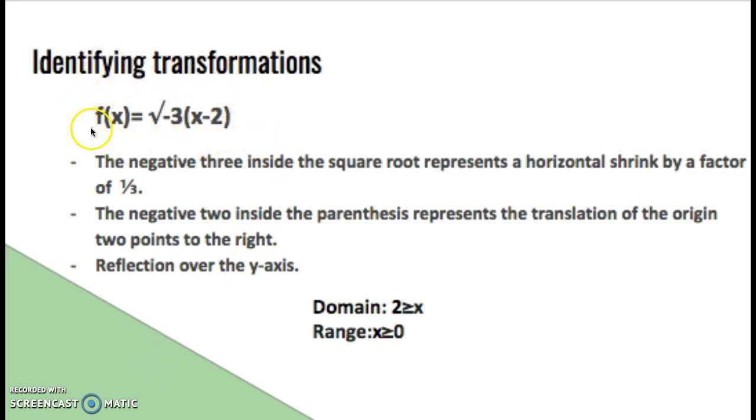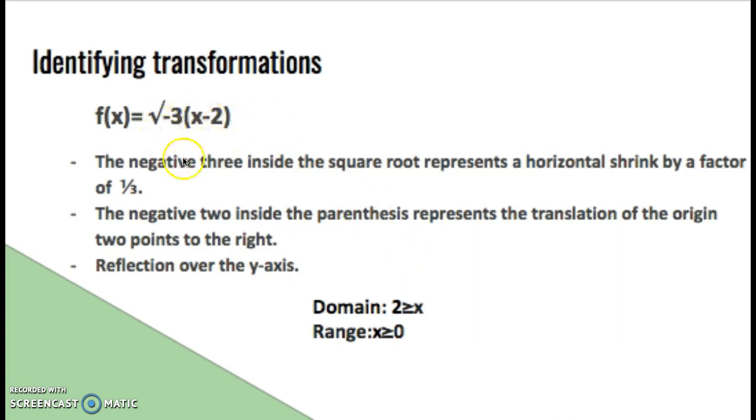Okay, so now that we have refreshed the rules, we're going to identify the transformations in this equation. F of x equals square root of negative 3 parentheses x minus 2. So, the negative 3 inside the square root represents a horizontal shrink by a factor of 1/3 because the 3 is inside the square root. That means that it's going to be the opposite. The negative 2 inside the parentheses, this one, it represents the translation of the origin 2 points to the right.